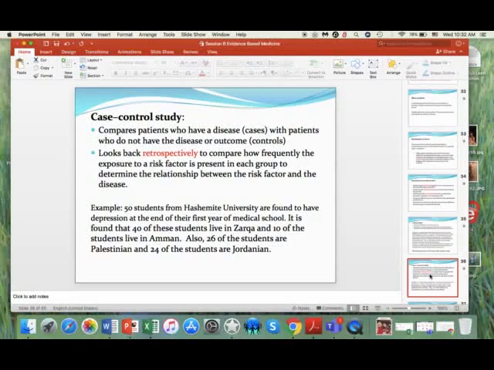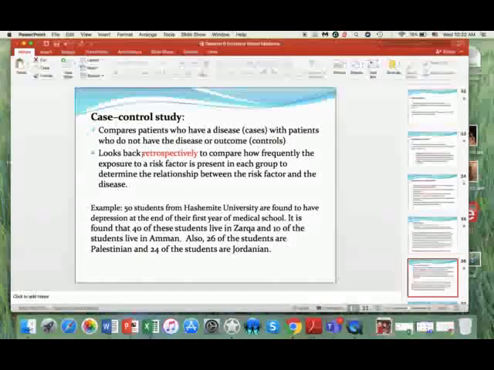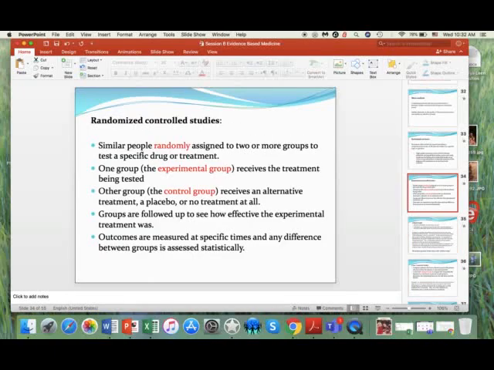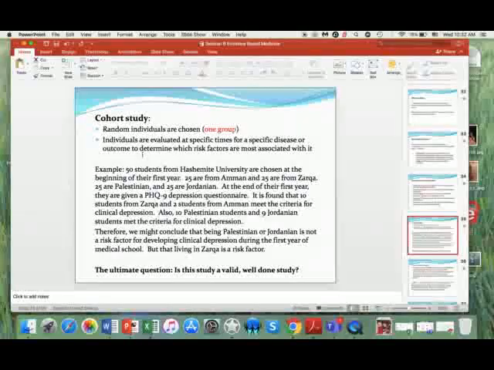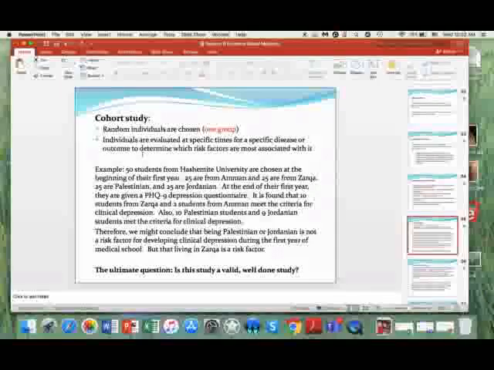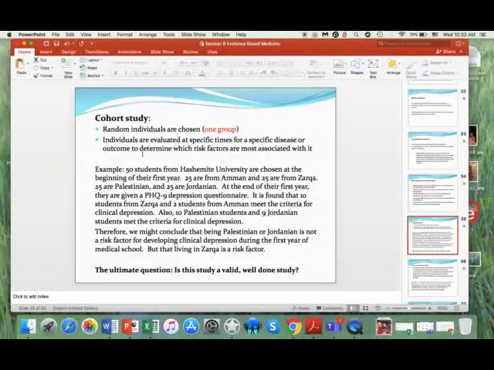And we're trying to determine the relationship between the risk factor and the disease. The big thing here is it's retrospective, which generally we don't like to do because it's way more open to biases. So the randomized controlled study, as well as the cohort study, are prospective studies. We identify the patients that we're going to follow, and then we follow up with them at a later time.